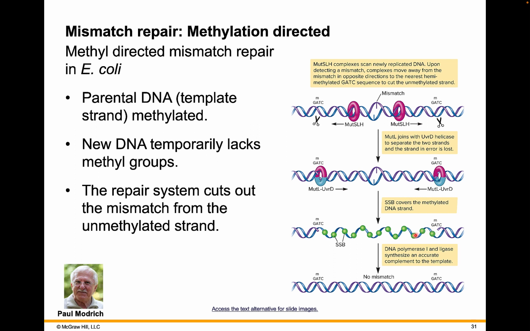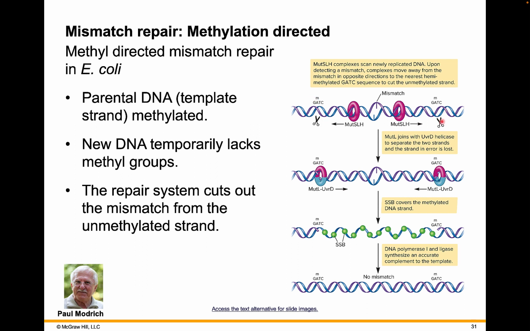Now the repair mechanism is the same as before: DNA polymerase 1 synthesizes the gap based on this parental strand, which doesn't have the mutation. The mutation was only in the newly synthesized strand, and now the gap is sealed by the DNA ligase that we have seen. So this is the methylation-directed repair.